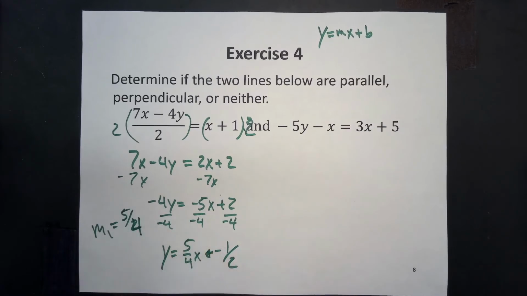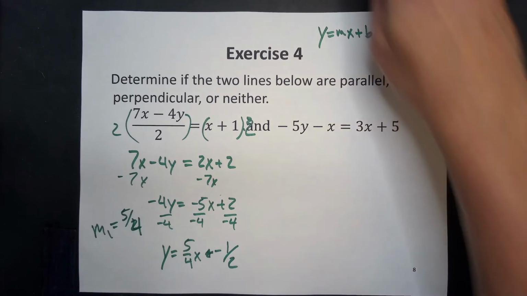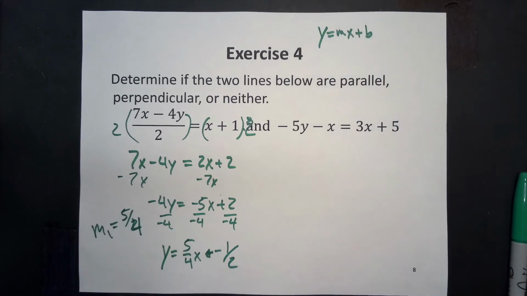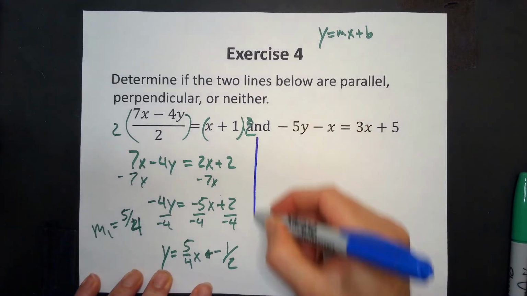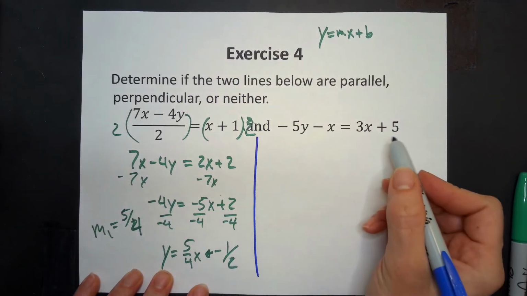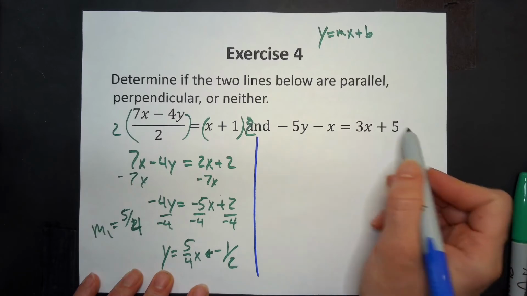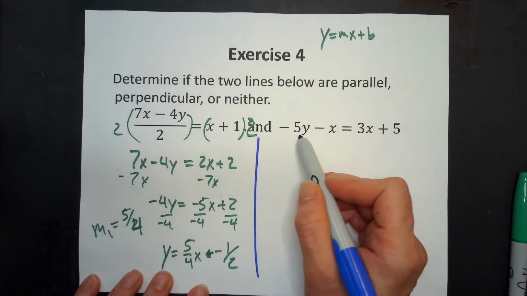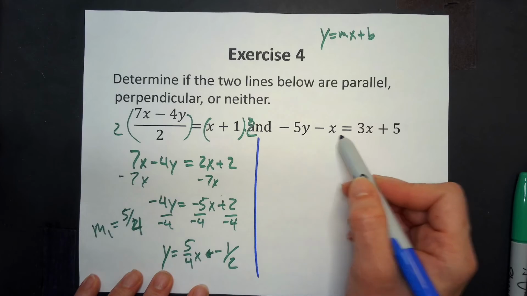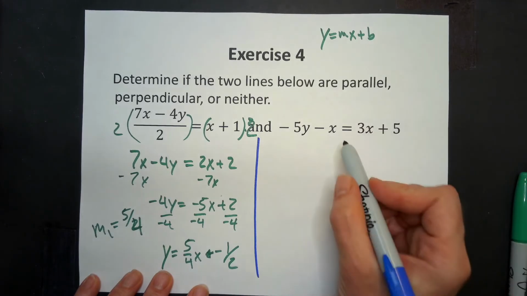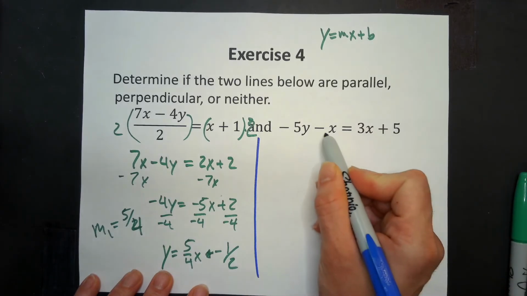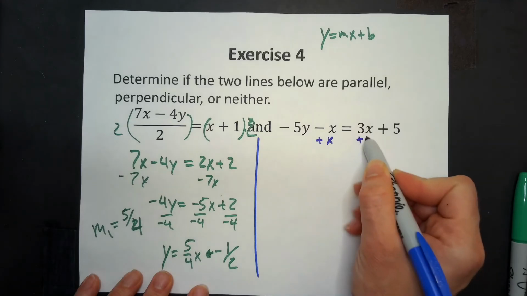And then the other one we're going to do, we get all the x's on the other side just like we did before. So I'm going to start out with negative 5y minus x equals 3x plus 5. I'm going to add x to both sides.